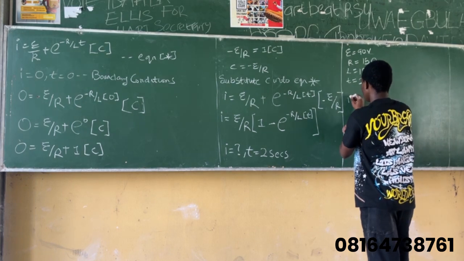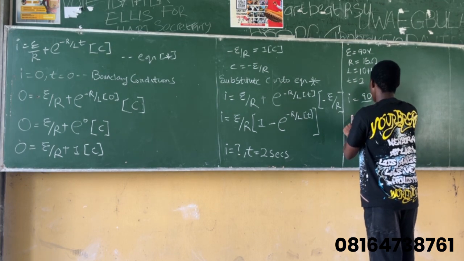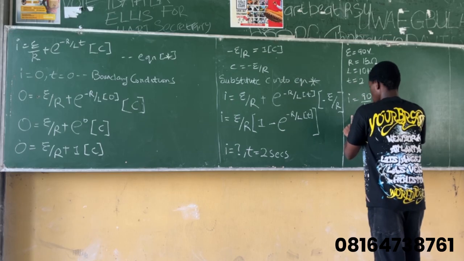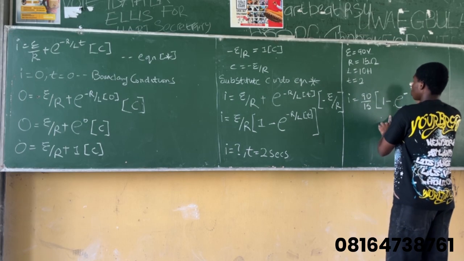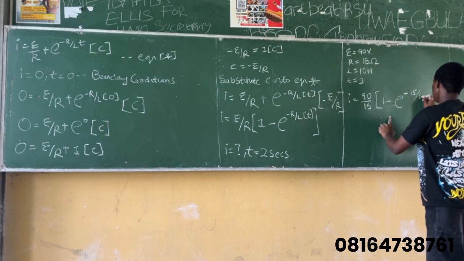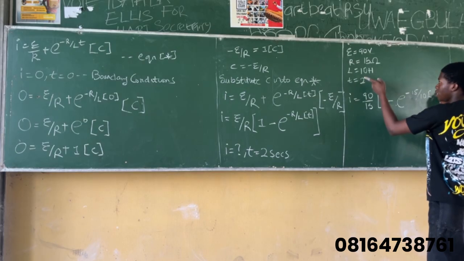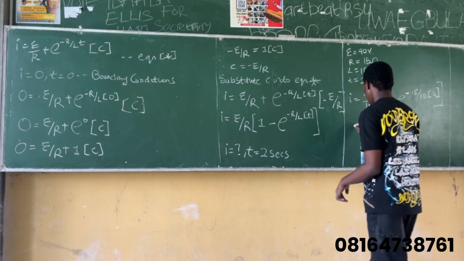So I is equal to 90 divided by R, which is 15, multiplied by 1 minus e raised to power minus R, which is 15, divided by L, which is 10, multiplied by t, which is 2. Now let's simplify this.